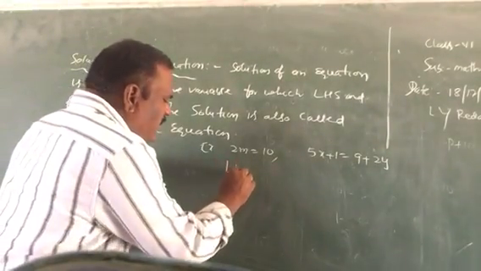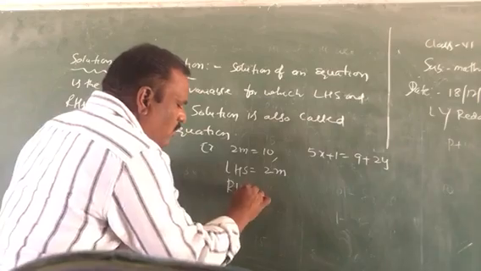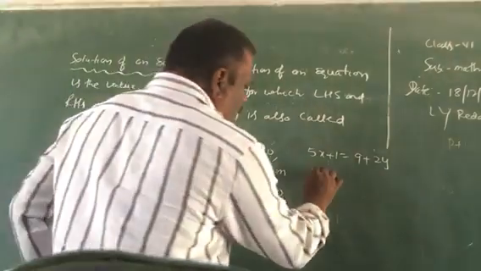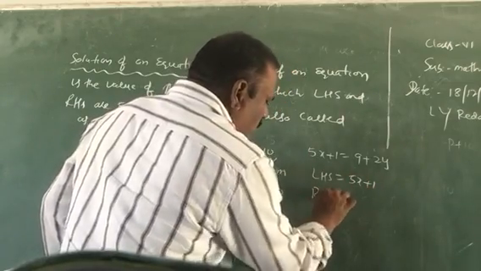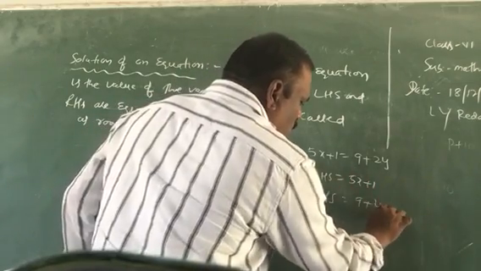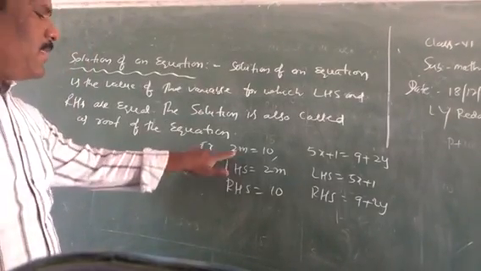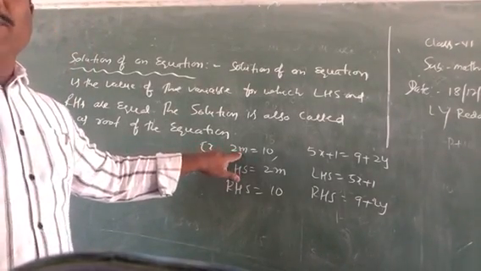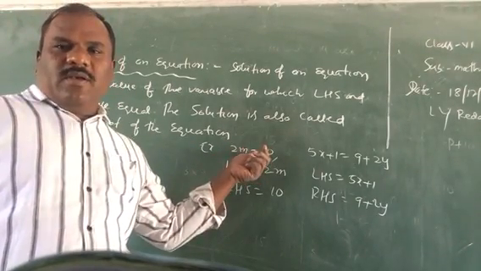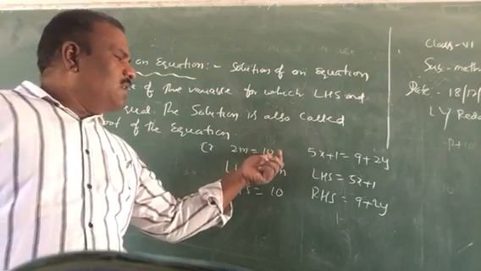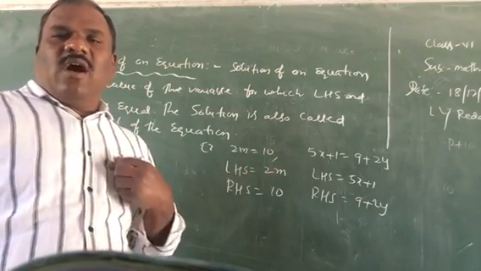So for example, here LHS equal to 2m and RHS equal to 10, and here LHS equal to 5x plus 1 and RHS equal to 9 plus 2y. By this we can easily understand that the value of the expression to the left of the equal sign is taken as LHS, and the value of the expression to the right is taken as RHS.